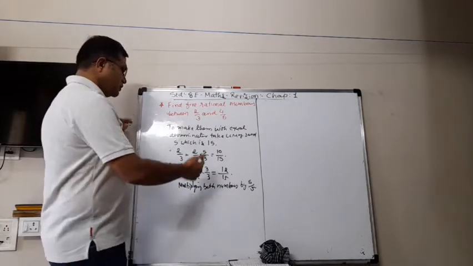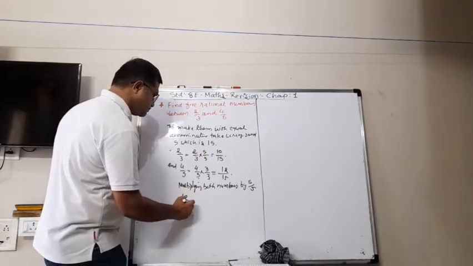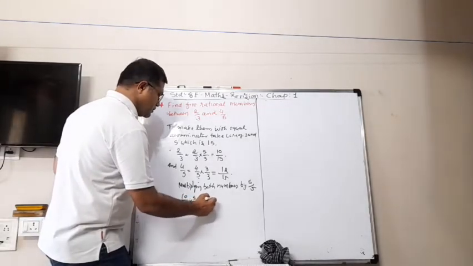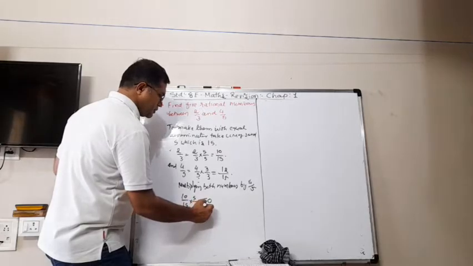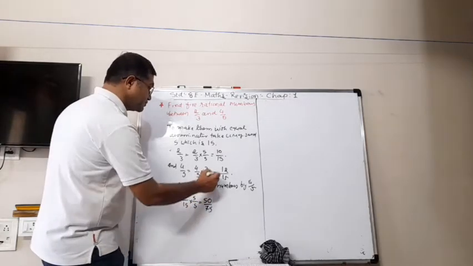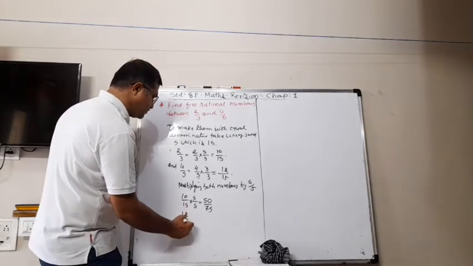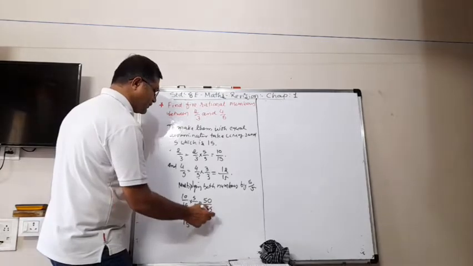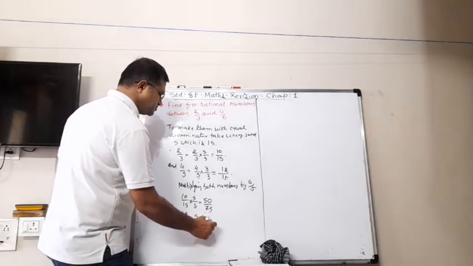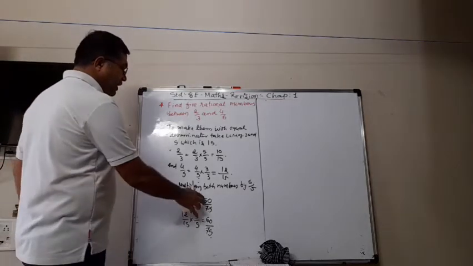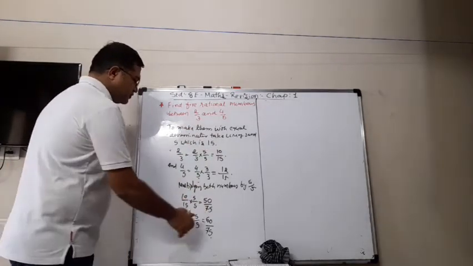So here 10 upon 15 multiplied by 5 upon 5 is equal to 50 upon 75, and the other number is 12 upon 15 multiplied by 5 upon 5, 12 5s are 60 upon 75. So we can choose any 5 numbers between them.